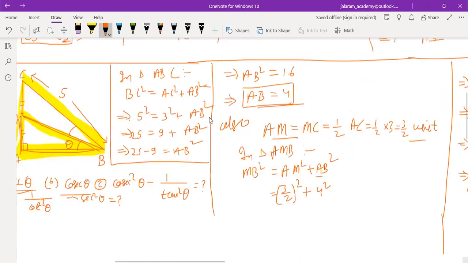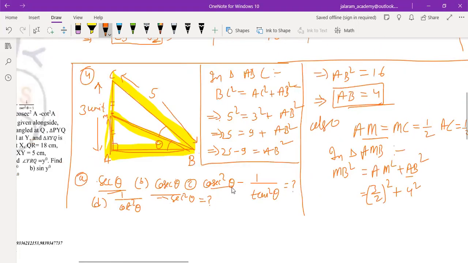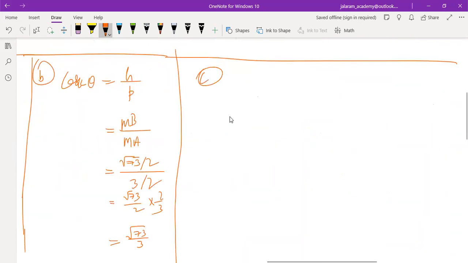C part, what we have to find in C? Cosec square theta we already have calculated. Tan theta is also used. So find tan theta. Tan theta we know that is perpendicular upon base.